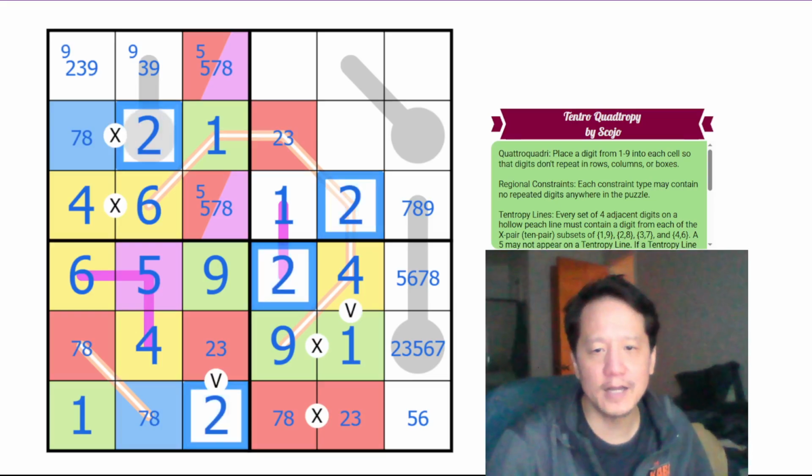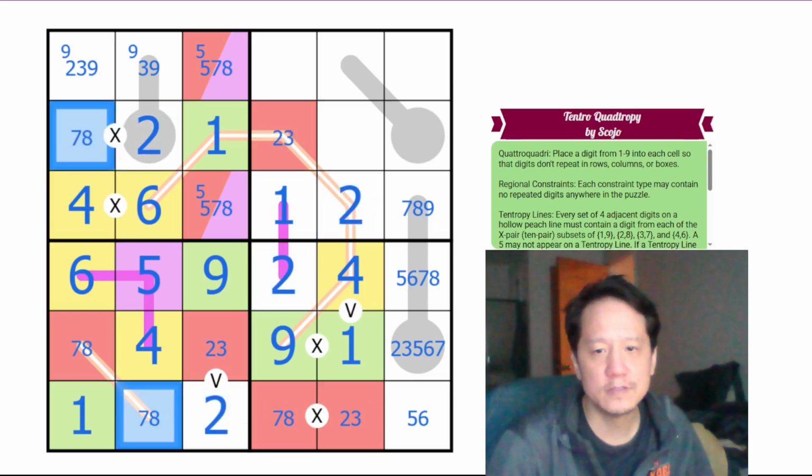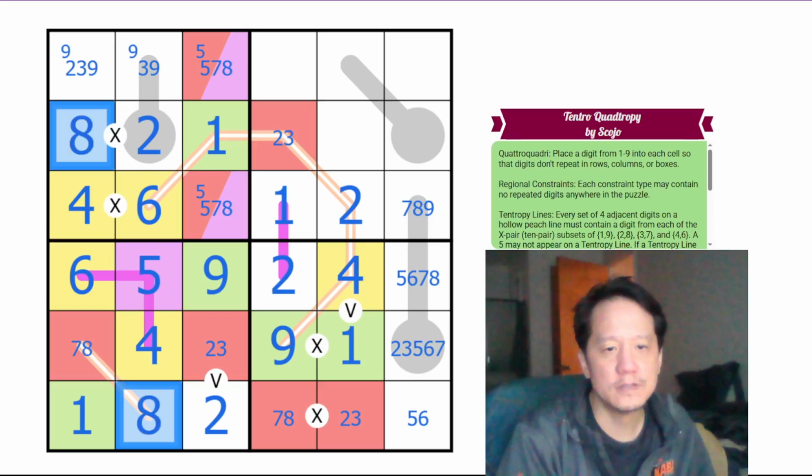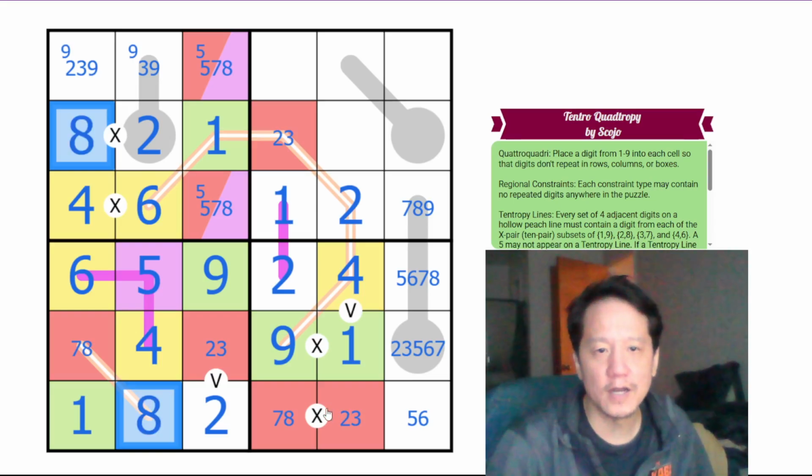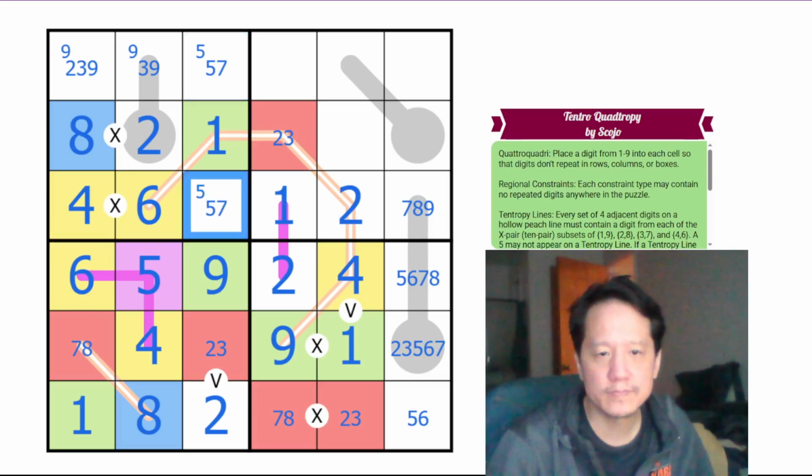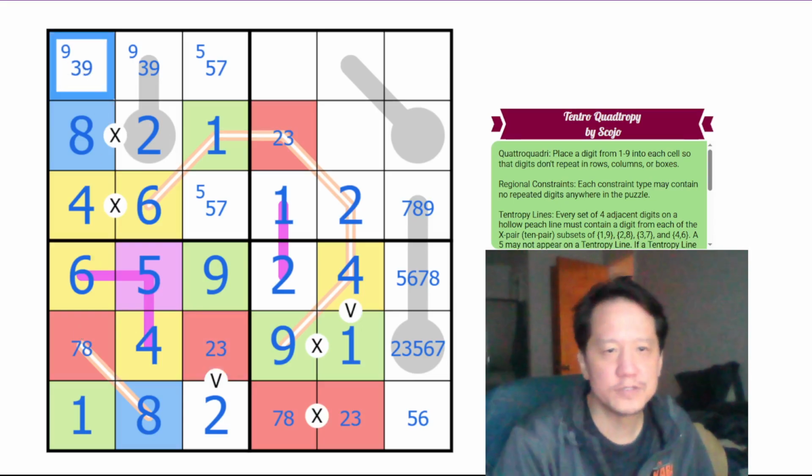All the high blues are 8. That means this cannot be 8 here, no 8 here. Let's just remove the coloring here. No 2 here. So this is a 3, 9 pair.